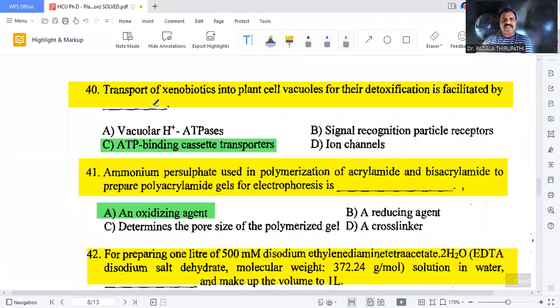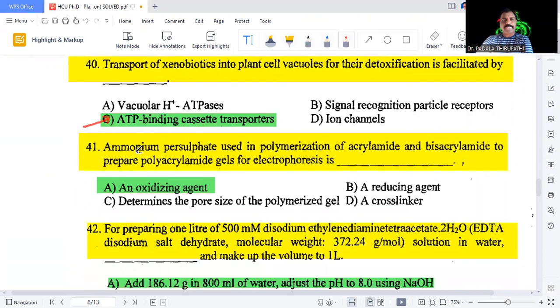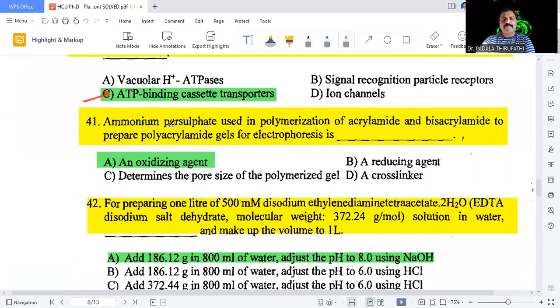Then next one, question 40: transport of xenobiotics into plant cell vacuoles for their detoxification is facilitated by ATP binding cassette transporters. And question 41: ammonium persulfate is used for polymerization of acrylamide and bisacrylamide to prepare polyacrylamide gels for electrophoresis.